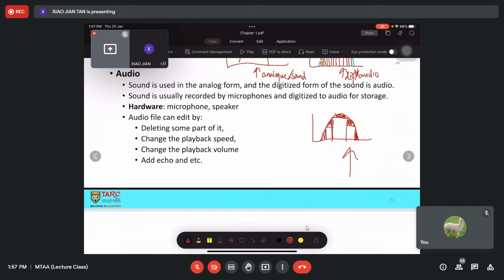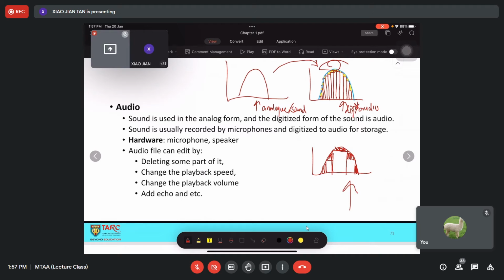Whenever you record, for example, a voice message using WhatsApp and send it to your friends, nowadays WhatsApp can play the audio at 1.5 or 2 times the original speed, right? It is actually converting the analog wave to a digital wave, which means you convert from sound to audio.